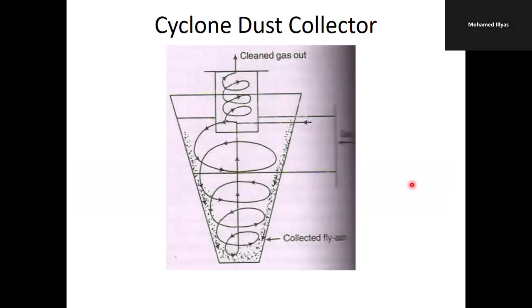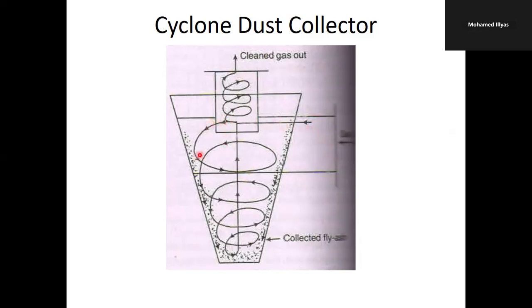And the next one, another type of dust collector, we call a cyclone dust collector. In this cyclone dust collector, the ash with the dust will be passed through a conical shaped dust collector.